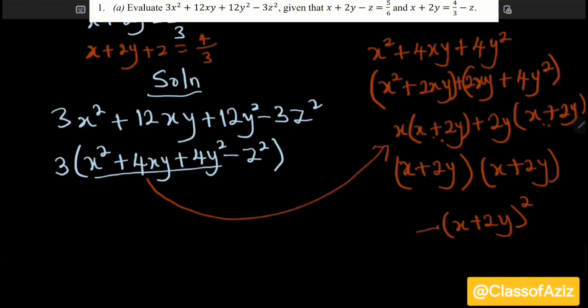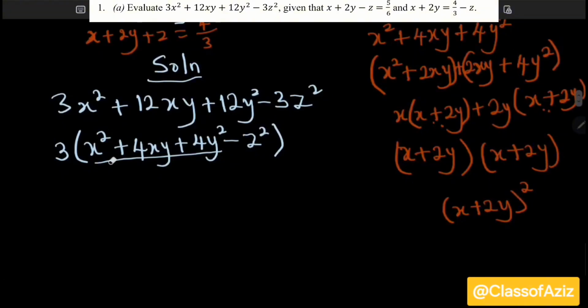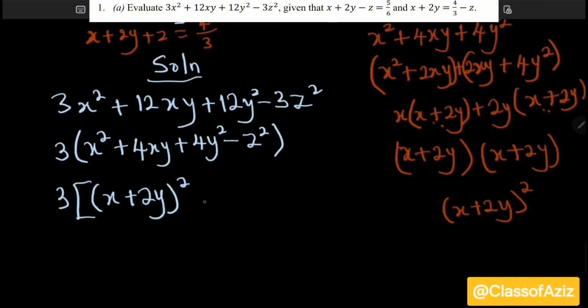Now we'll substitute this into the equation. So we'll have 3, let's open brackets, 3 into x plus 2y all squared, then we will write our z squared minus z squared.